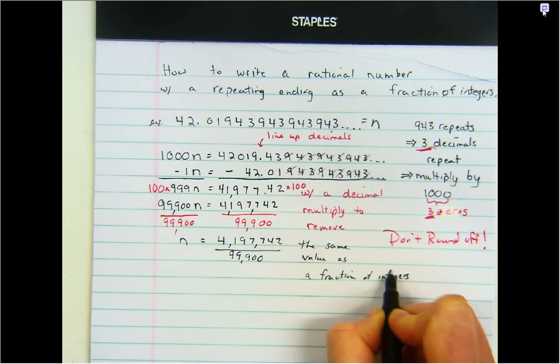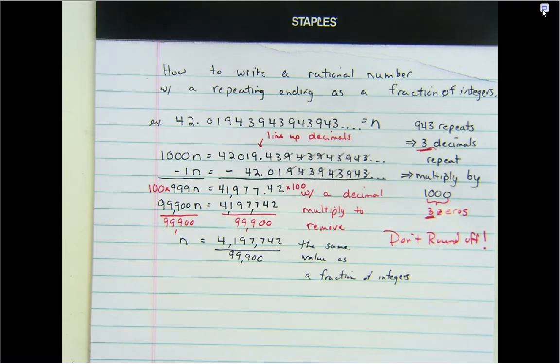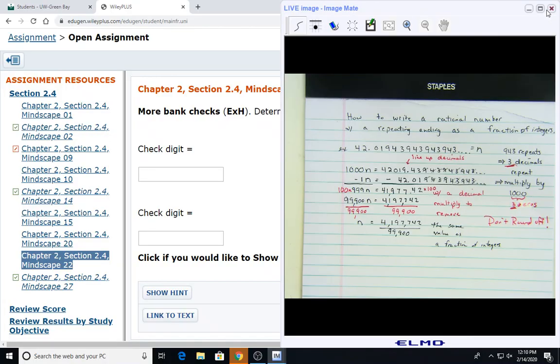And there's our result. The same value as we started with, only as a fraction of integers. 4,197,742 over 99,900. I'm going to show you that in the calculator on screen since I didn't bring my calculator.